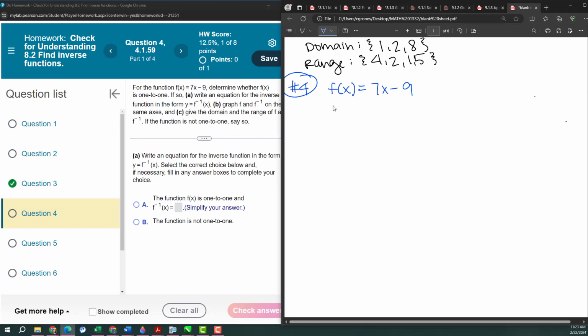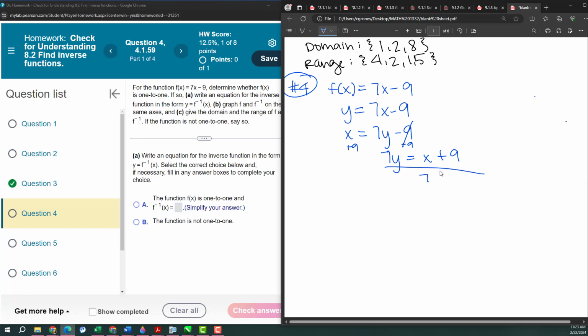So remember the steps. We are going to change f of x to y, and then we are going to swap the x and the y. After we swap them, we are going to solve for y. So I'm going to move 9 over, and I get 7y equals x plus 9.